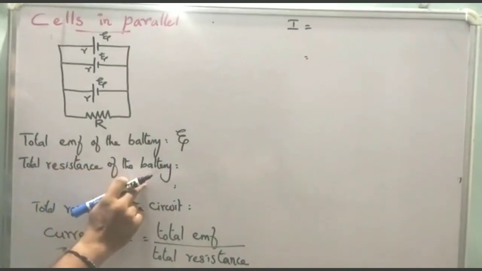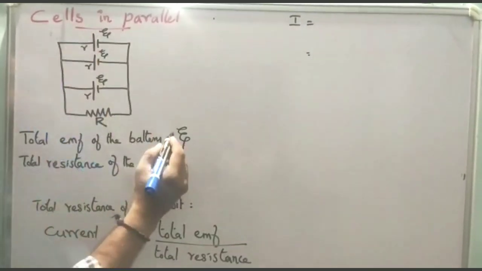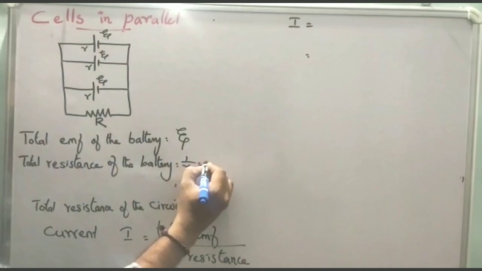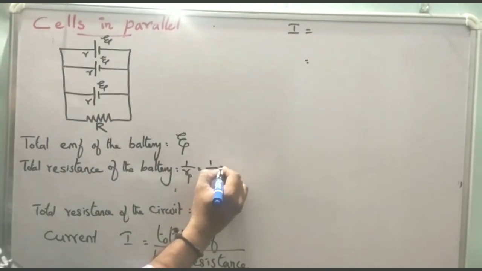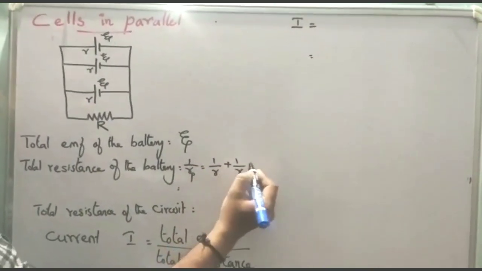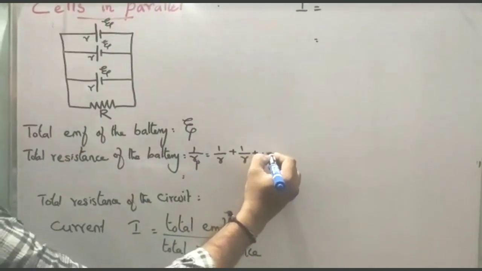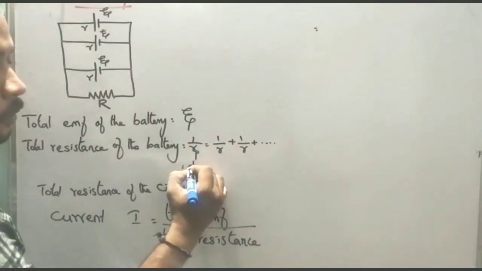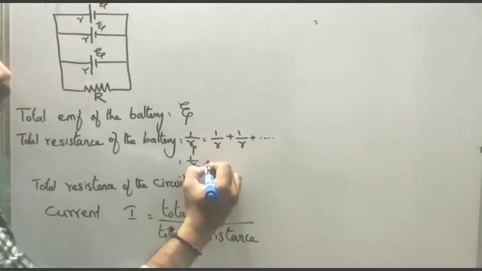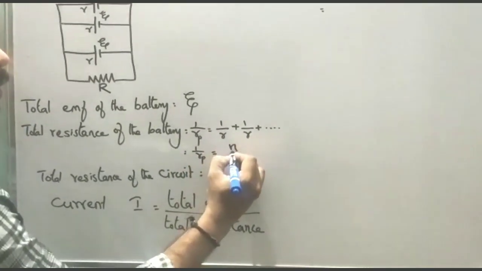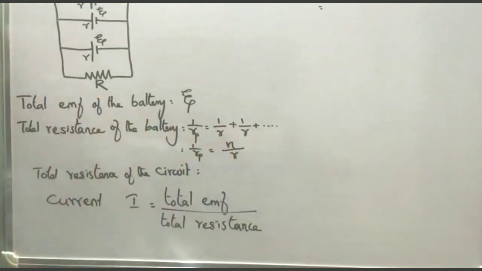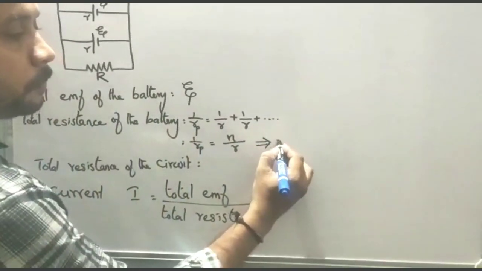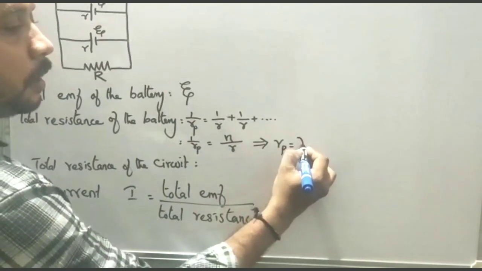Total resistance of the battery is, for parallel connection, 1 by Rp is equal to 1 by R1 plus 1 by R2 plus 1 by R3 plus etc. So 1 by Rp is equal to n by r. From that Rp is equal to r by n.